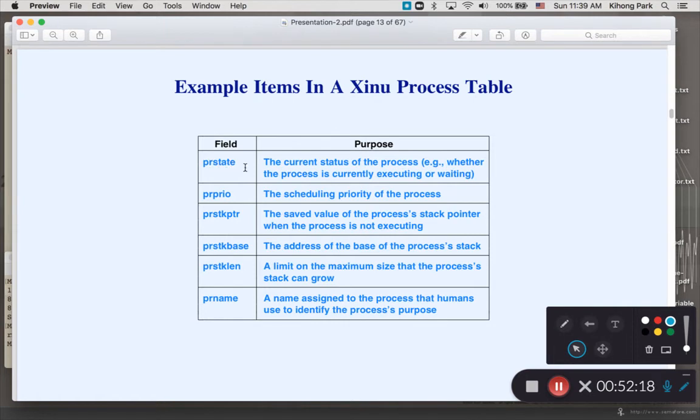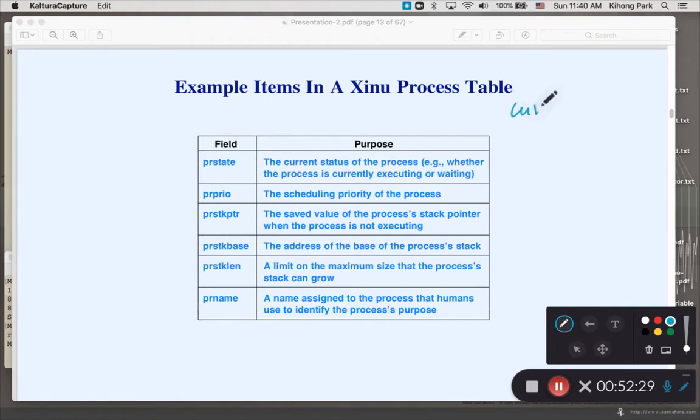So state is a process now running on the CPU. We call that thing current. What else have we seen? It's not running on the CPU, but it wants the CPU. We call it ready.